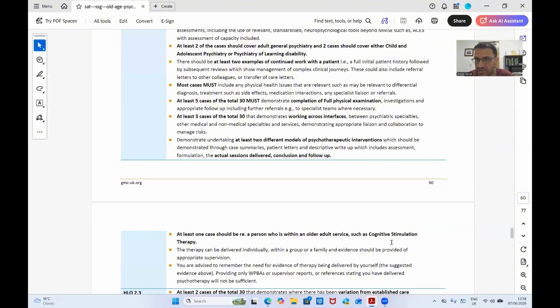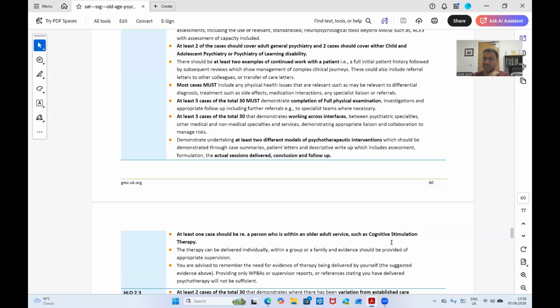It has to be a senior clinical psychologist who is supervising you during the assessments, writing a supervisor report or testimonial, and completing the relevant workplace-based assessment for psychotherapy cases, whether it is PACE or SAP. So here you need secondary evidence along with your psychotherapy.